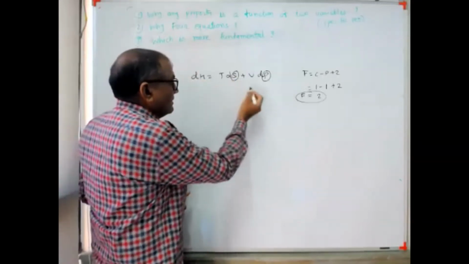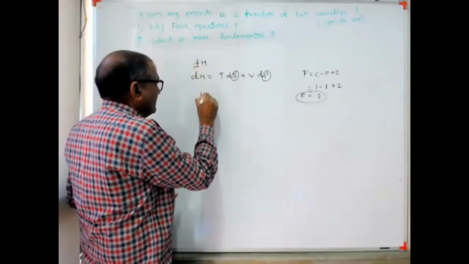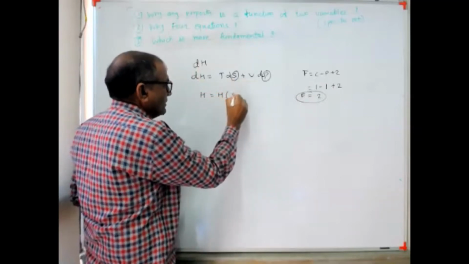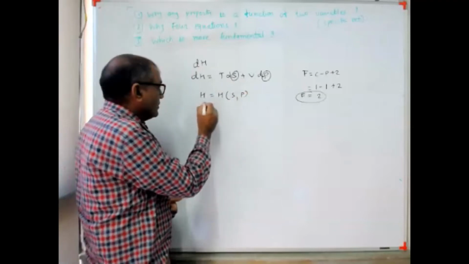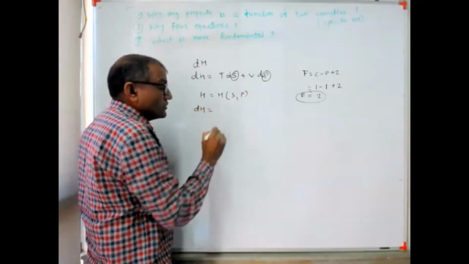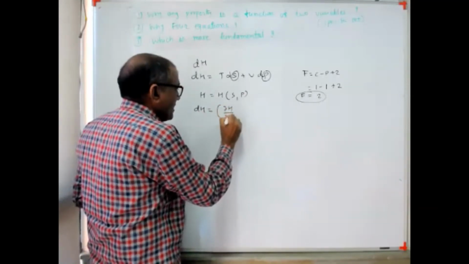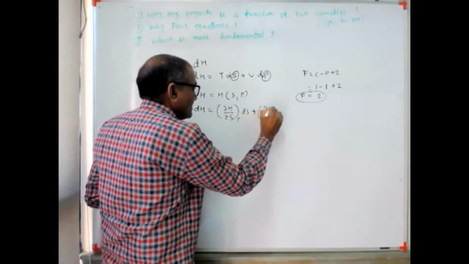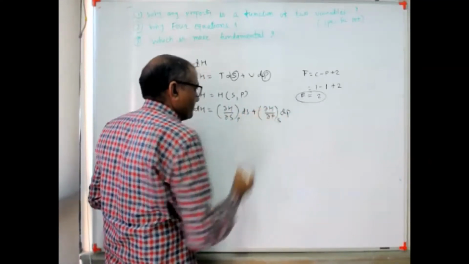Here, let me write. I can assume that H is a function of 2 variables S and P. And if I take the differential of this equation in terms of partial derivatives, then it would be del H by del S at constant P dS plus del H over del P at constant S dP.